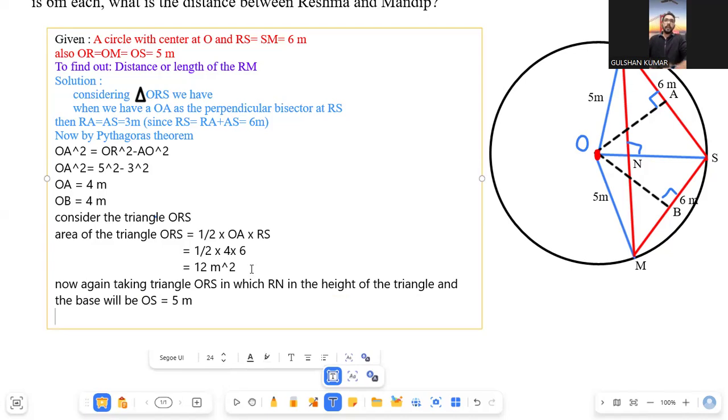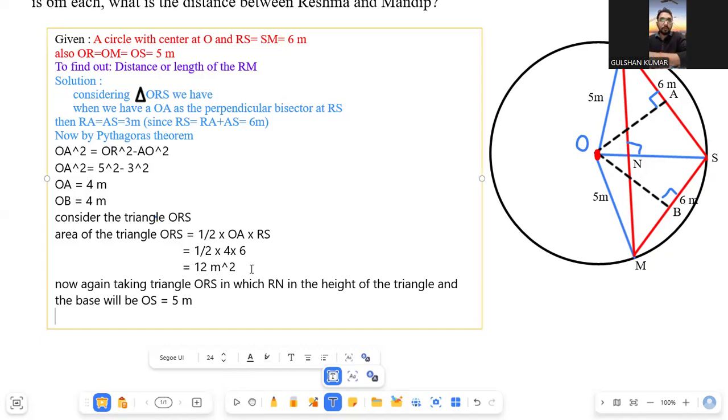OS is the radius, that's why it is 5 meter. And the question tells that the radius of the whole circle is 5 meters.